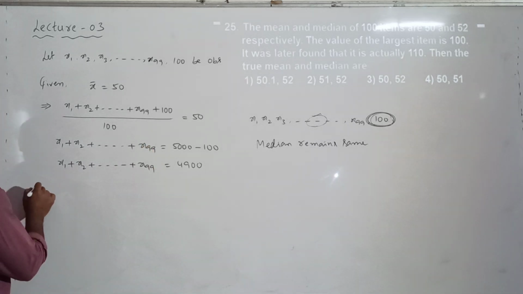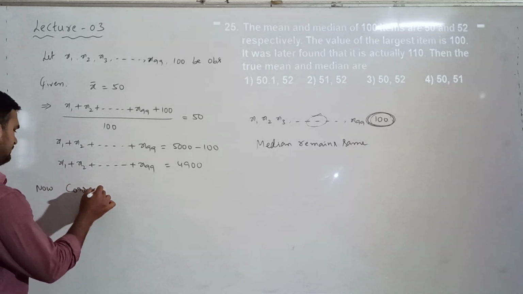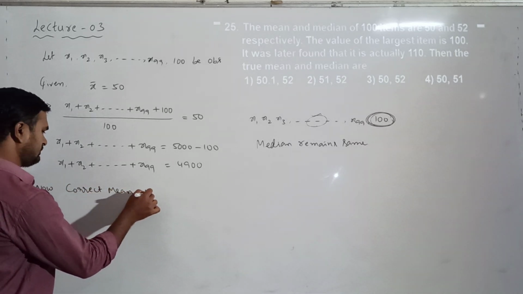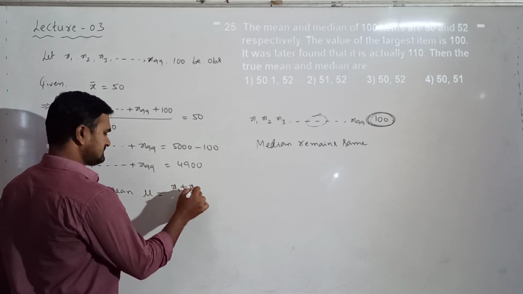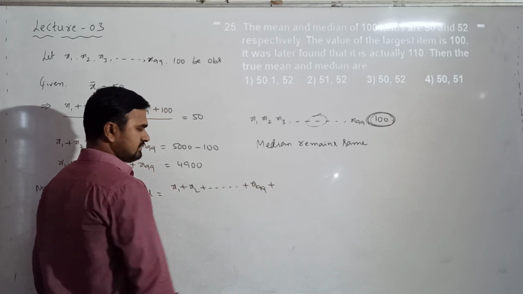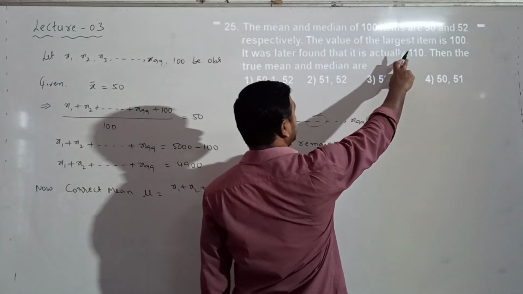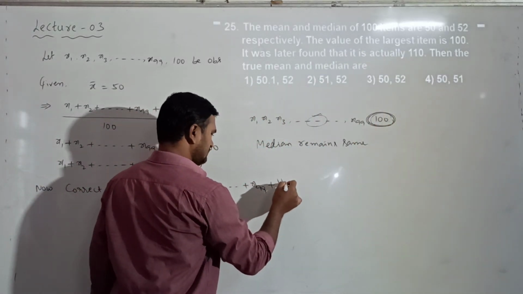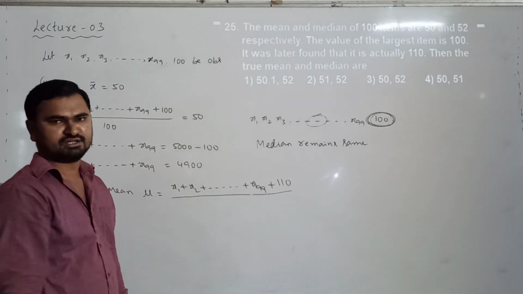Now the correct mean. What is the correct mean? x1 + x2 + ... + x99 plus the correct value of the largest item, which is actually 110. There is a change only in the last item, but the remaining 99 items are the same.